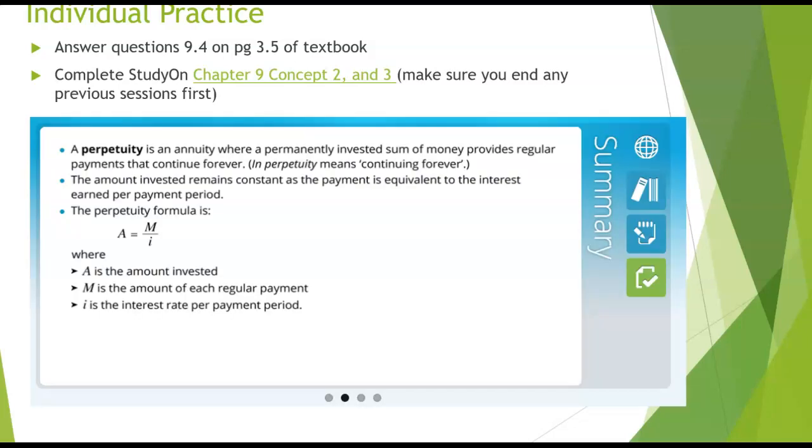Here are our summary sheets for concepts 2 and 3. So perpetuity, here's our perpetuity formula. Don't forget when you're doing your study on, you're looking for the green tick.